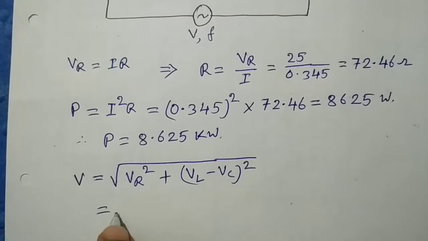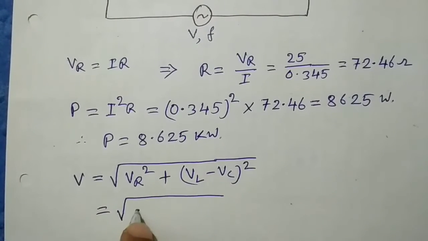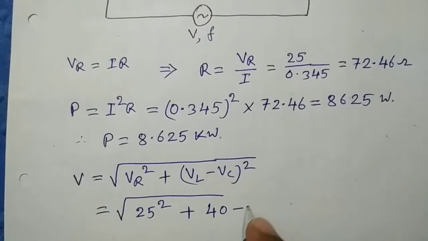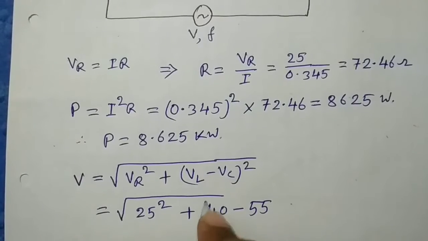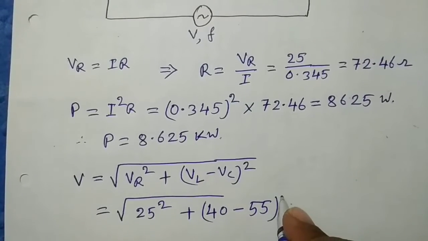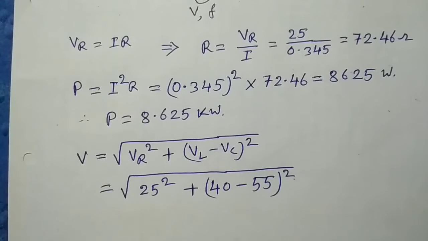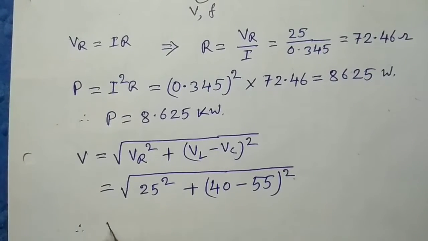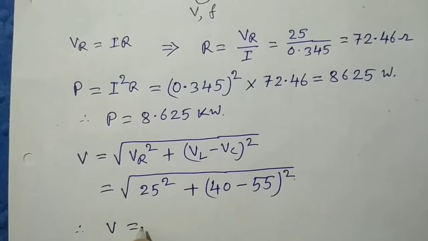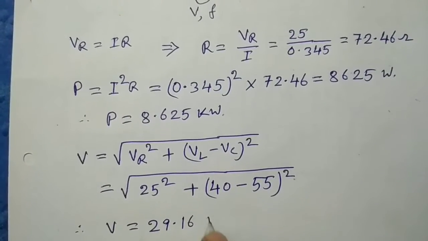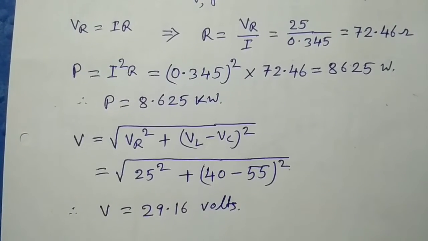Here the VR is given 25, so it will be 25 square plus VL is 40 and VC is 55. So (40 minus 55) square. So after solving this, we'll get the value of V as 29.16 volts. So this is the supply voltage.